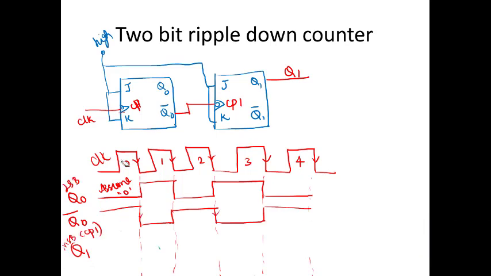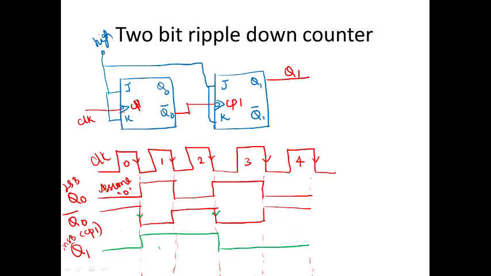Let me draw this MSB. So for MSB, as I said, this is going to be the clock, and for each falling edge there will be your output transition. Assume that previously your Q1 output is 0. Now this is going to be 1 till your next clock. This is going to be 0.